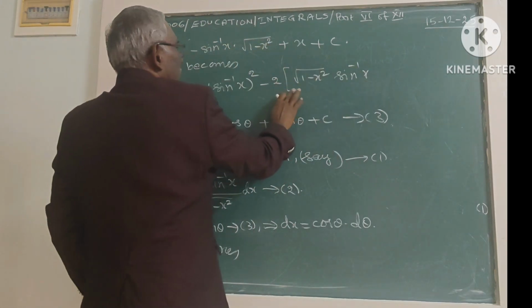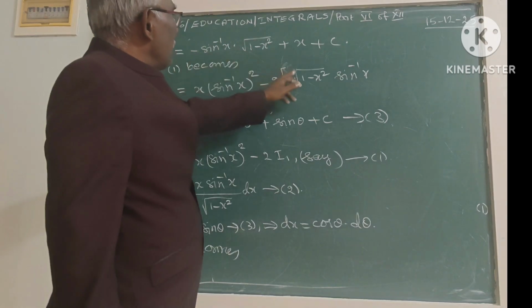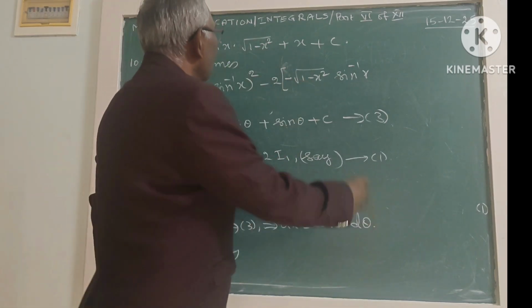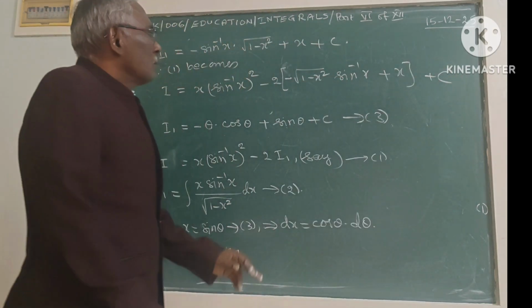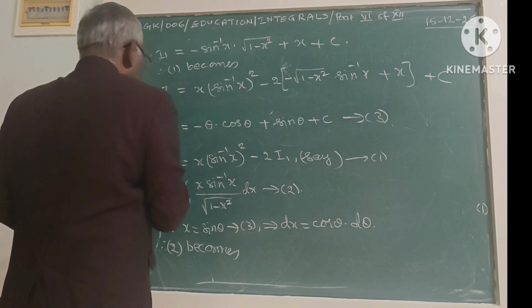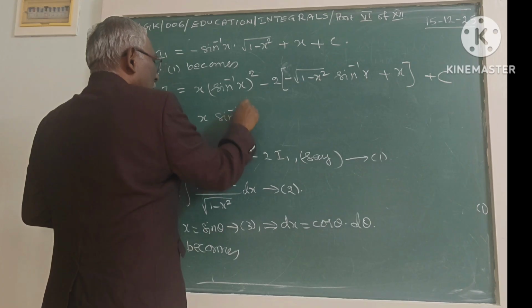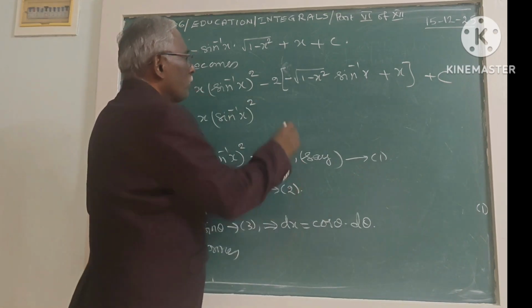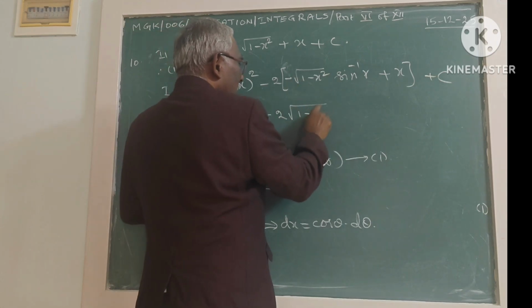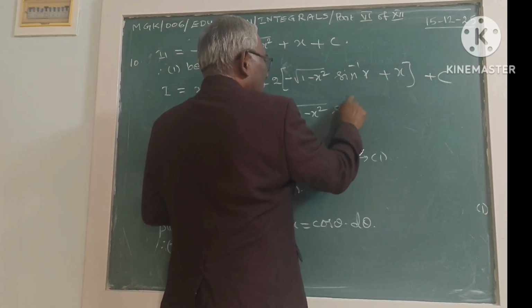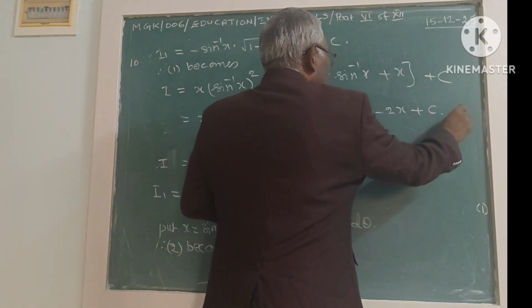Of course minus sign is there, so you have to put minus sin⁻¹x √(1 − x²), then plus x plus constant. So we can write this again, x (sin⁻¹x)² minus into minus plus 2 times √(1 − x²) sin⁻¹x minus 2x plus constant. So this is the answer.